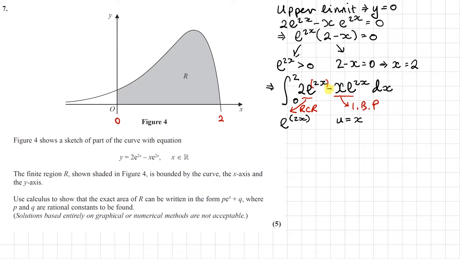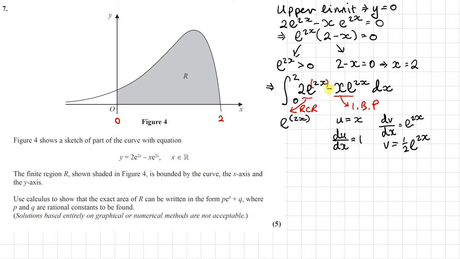So u is equal to x, then the other part you make equal to dv dx. So dv dx is equal to e to the 2x. So du dx, that's just 1. And then v, that's when we integrate e to the 2x, and that will become half e to the 2x using the reverse chain rule.